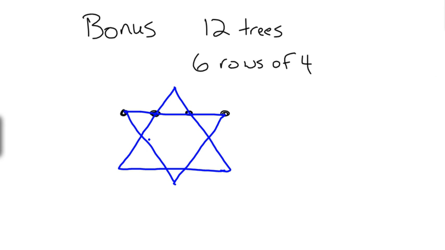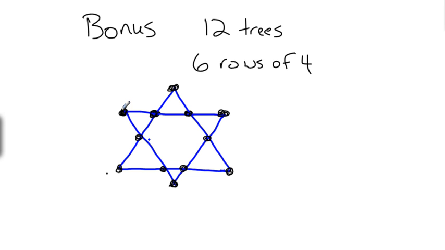And let's fill in the rest of our trees. So here's tree 1, 2, 3, 4, 5, 6, 7, 8, and where they intersect, 9, 10, and the top and the bottom. And now let's count the rows we made.